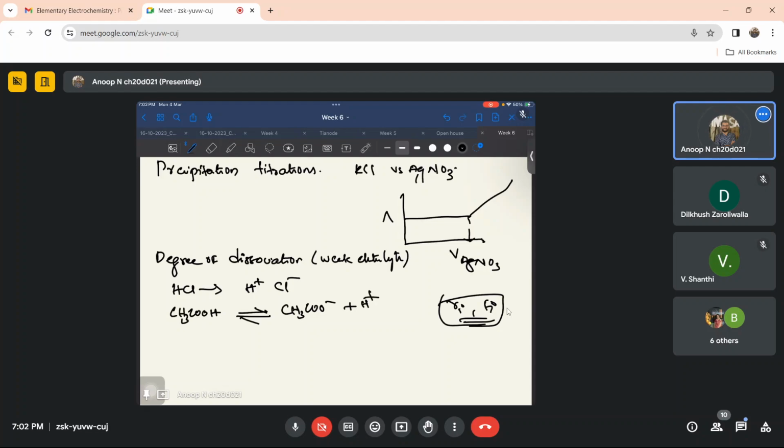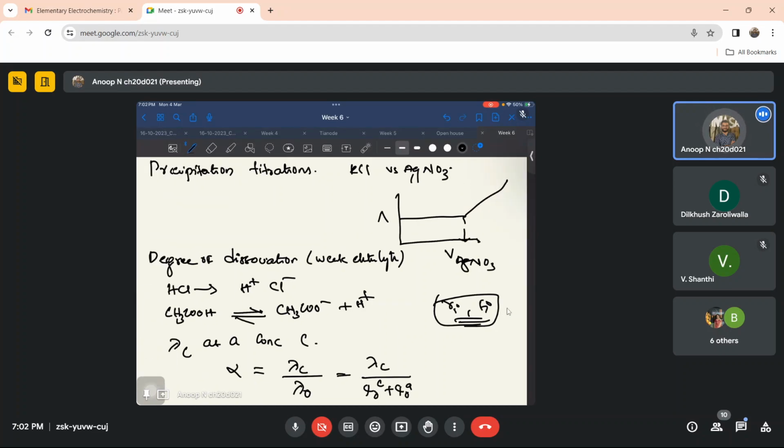I'm directly writing the formula. Considering the equivalent conductance lambda C at concentration C, the degree of dissociation alpha is lambda C divided by the equivalent conductance at infinite dilution, which is lambda C divided by L0 cation plus L0 anion.